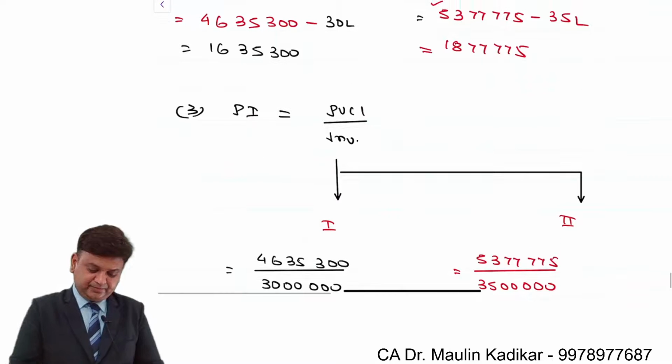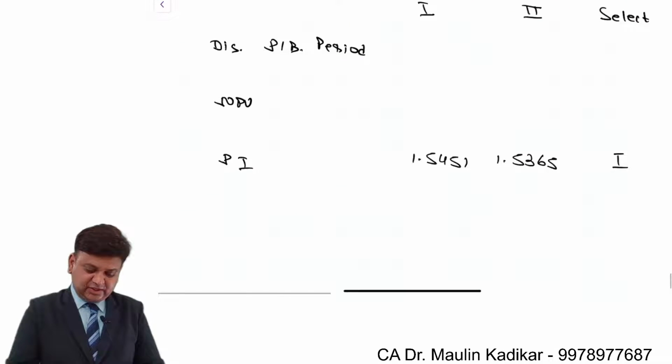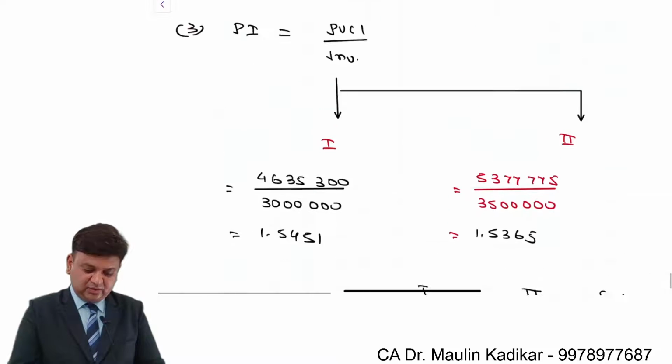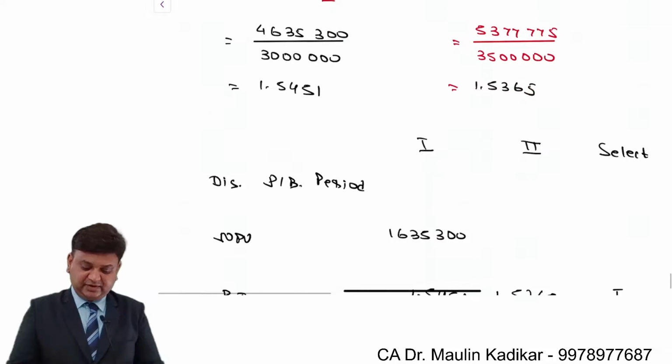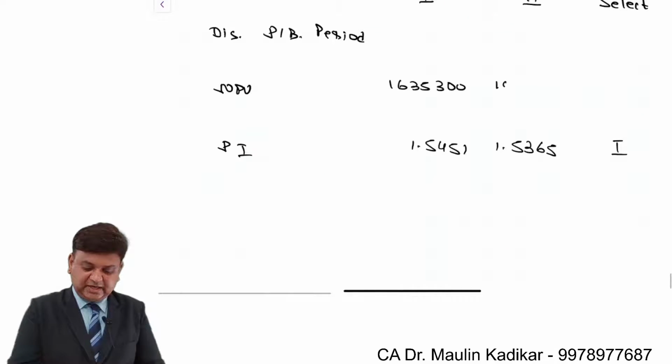NPV: 16,35,300 here, and over here it is 18,77,775. So in that case, project 2 will be selected.